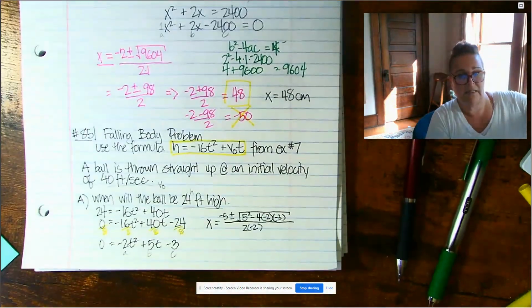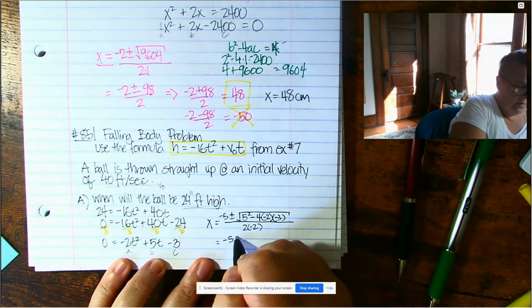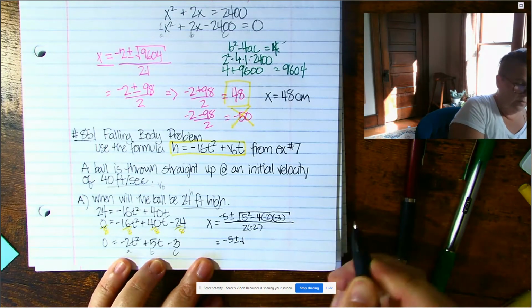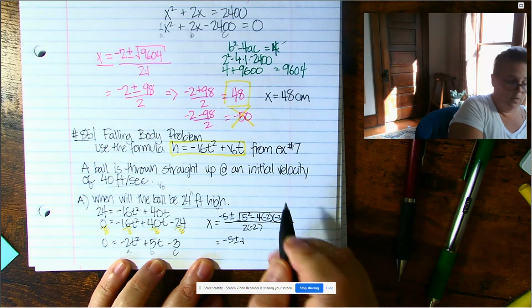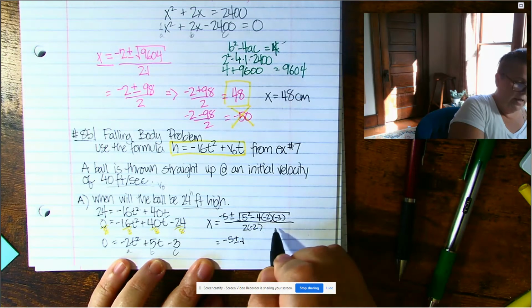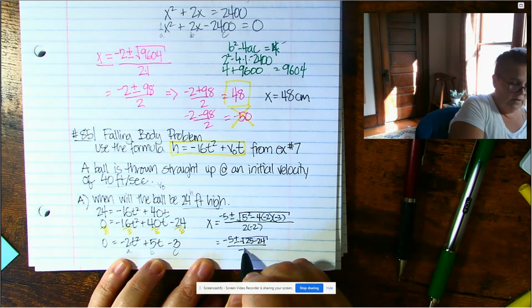So this is going to give me negative 5 plus or minus the square root of 25 minus 24, all over negative 4.